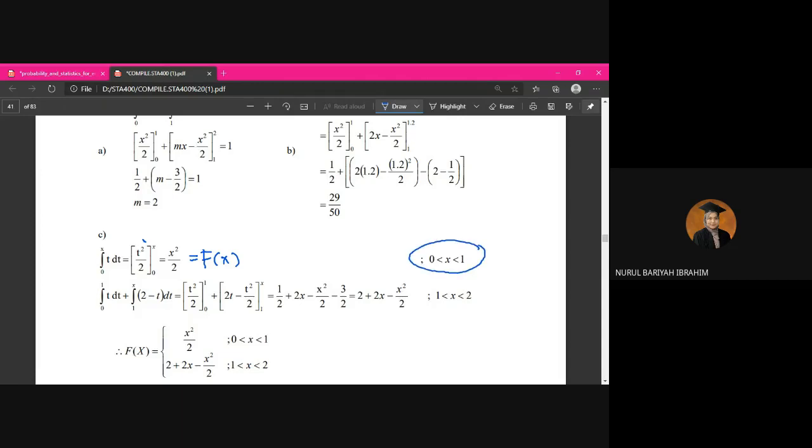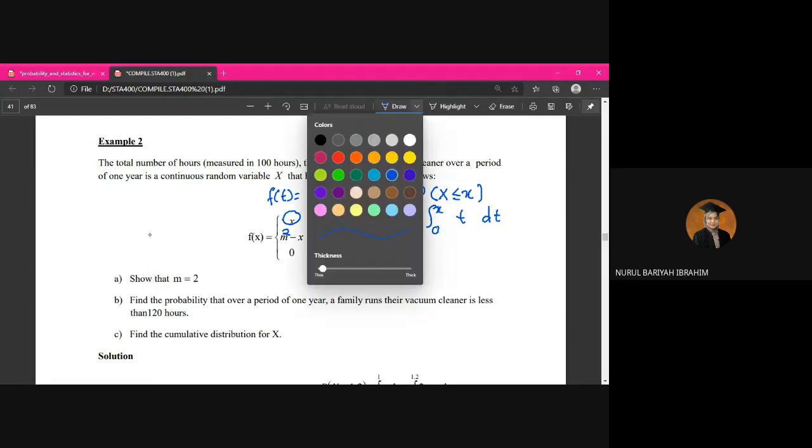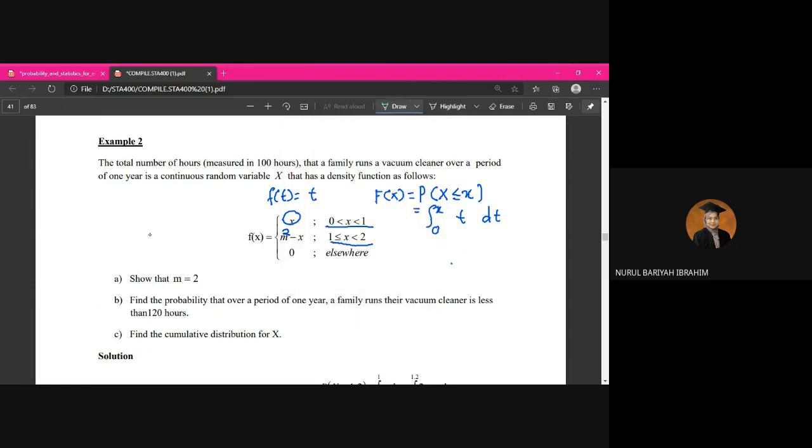We also have to do it for the second interval, which is interval 1 until 2. To get capital Fx, we use the same concept: it is the probability of X less than or equal to some value of x, but we apply it to the second interval. We know Fx is cumulative, so it has to start from the beginning.